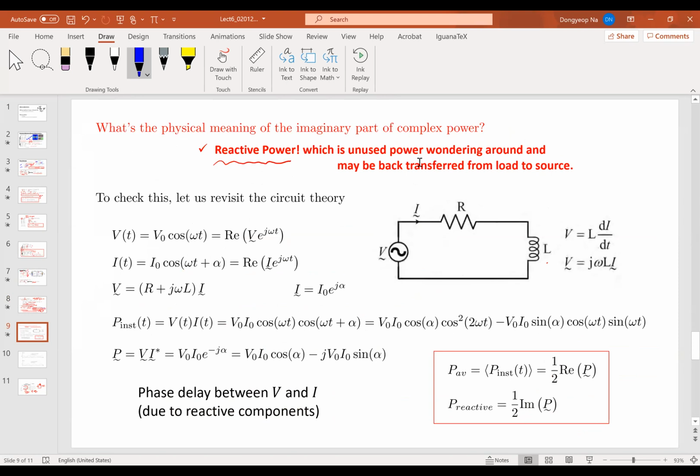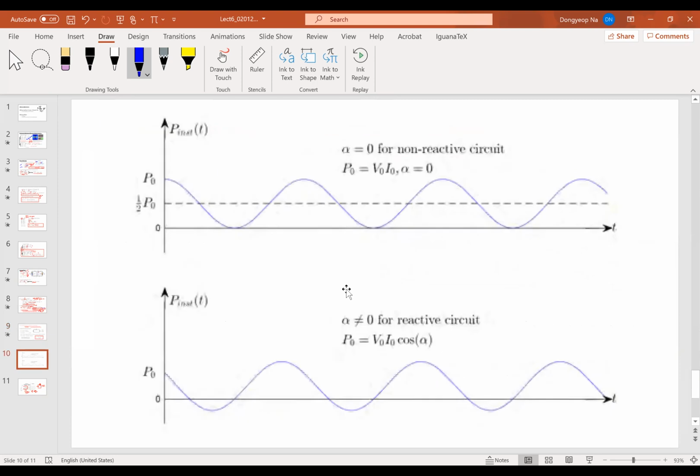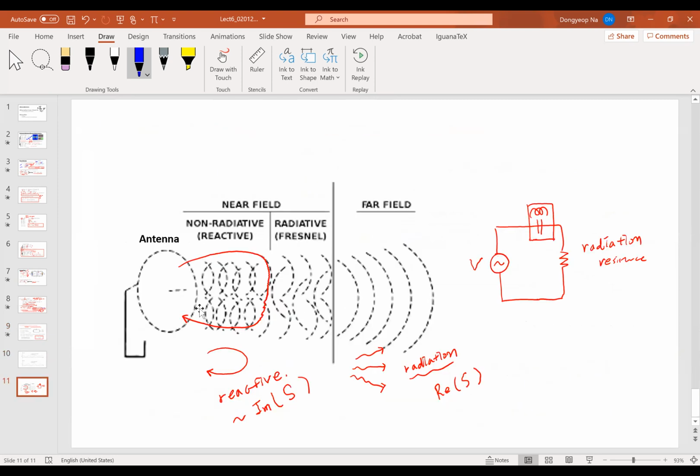It's not power used in the load, but it can exist in the form of resonance in a circuit due to the reactive component, particularly when it comes to the electromagnetic field. It can model some energy first generated from an antenna but not radiated, which transfers back to the source.